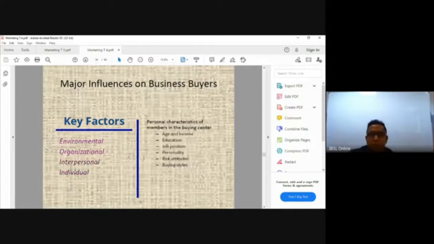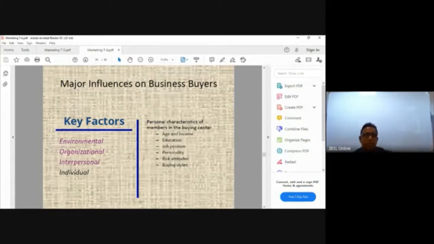And also personal characteristics of members in the buying center, their age, income, education, and job position, might have influence. That means some amount of individual influence also applies to organizational buying, because at the end of the day, the buying center is comprised of a set of different individuals who are in different age limits, income levels, education, personalities, attitudes about risk, and buying styles, and so on.